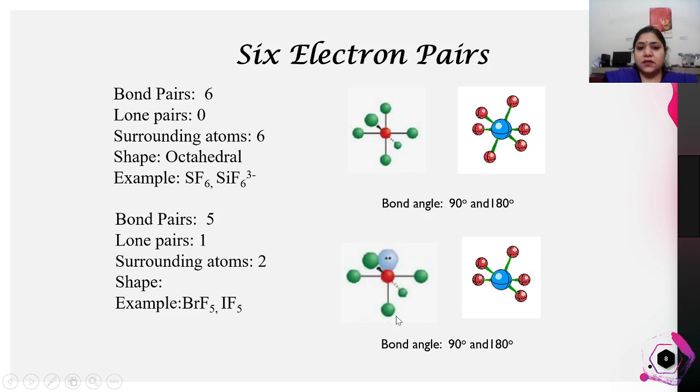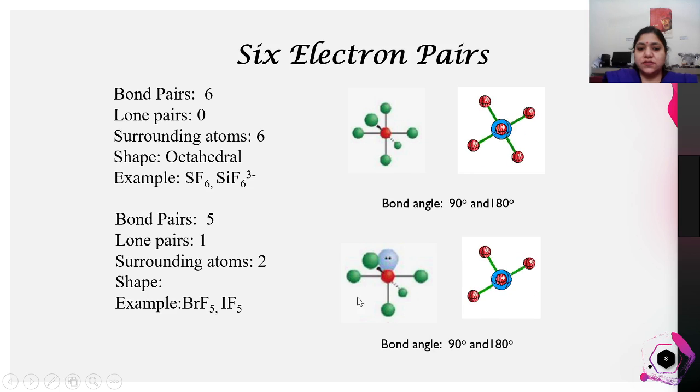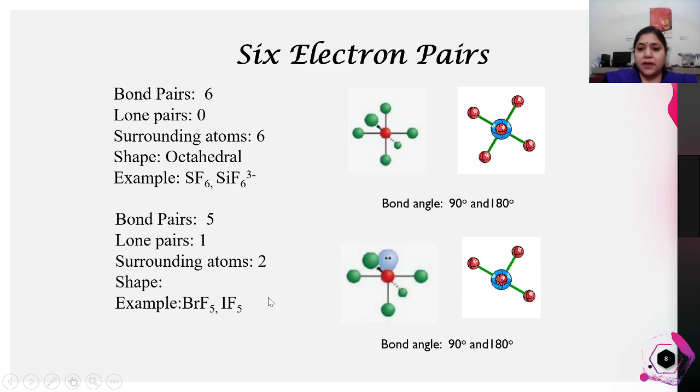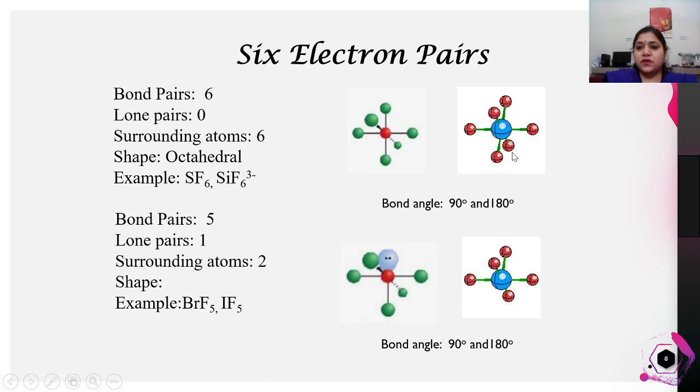After that, here you can see that one is a lone pair and the others are bond pairs, and this is a square pyramidal shape because it forms a pyramid. These are the examples of square pyramidal shape. This is a GIF of the different shapes.